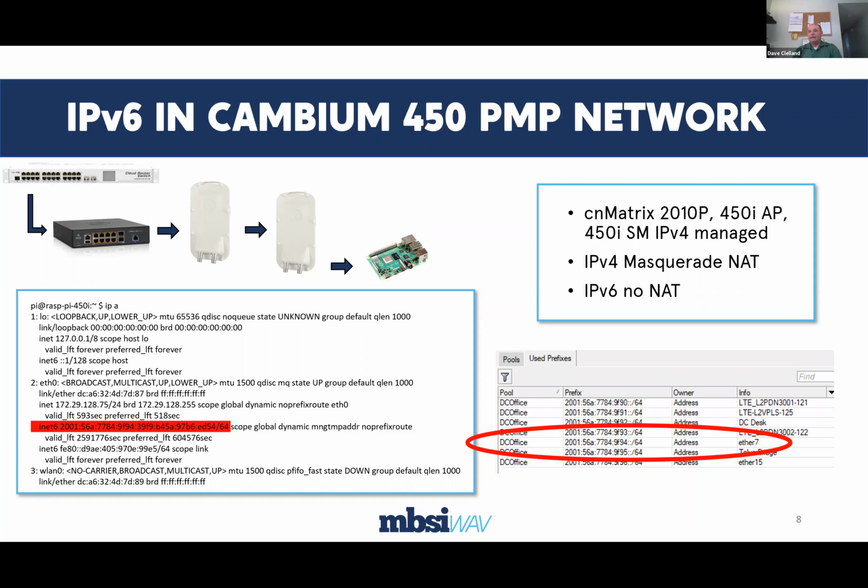But anyway, there's the address for it, and so the prefix, of course, you see the 2001:56A7:784:9F, which is my 56-bit prefix. 94 happens to be my 64-bit prefix, and then the 3919 and all the rest of the address, the last 64 bits of the address are derived using this SLAAC process inside the Raspberry Pi itself.